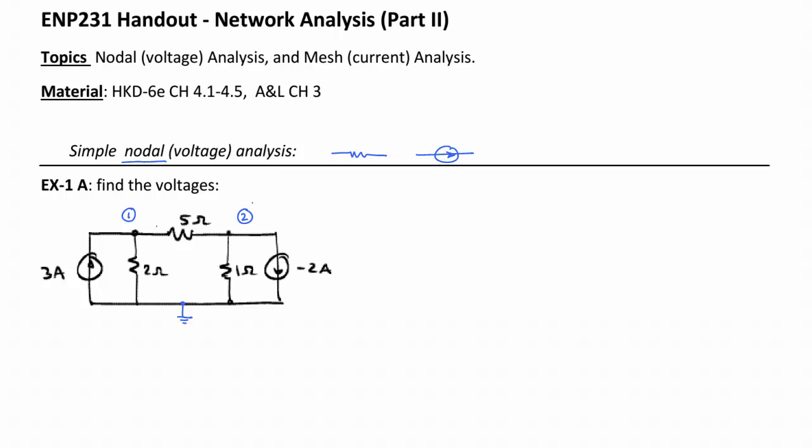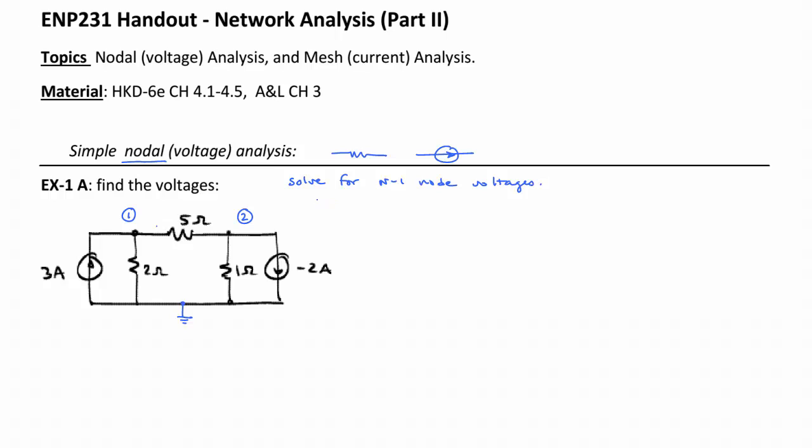We have 3 nodes, but we will solve for 2 unknown node voltages. So we always solve for n minus 1 node voltages, because one of those nodes has to be used as the reference node.